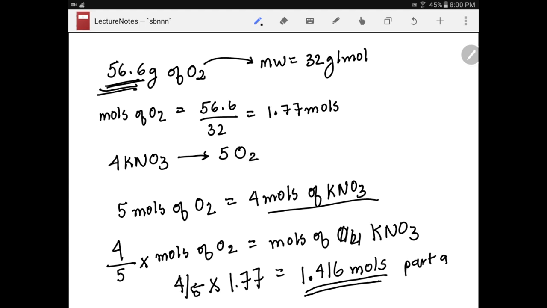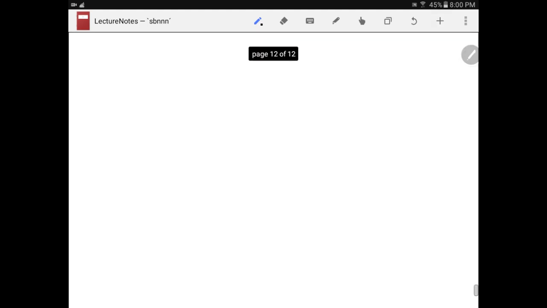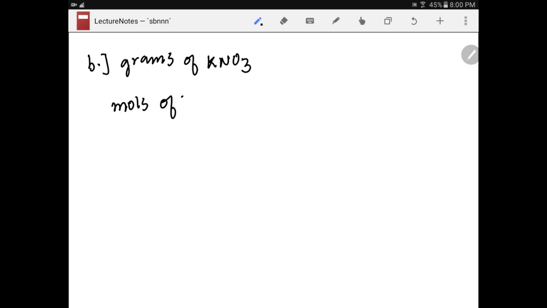Now we move on to part B, which is way simpler than part A. Once you already have the moles, you have to find grams of potassium nitrate. We already know that the moles of potassium nitrate was 1.416 moles.